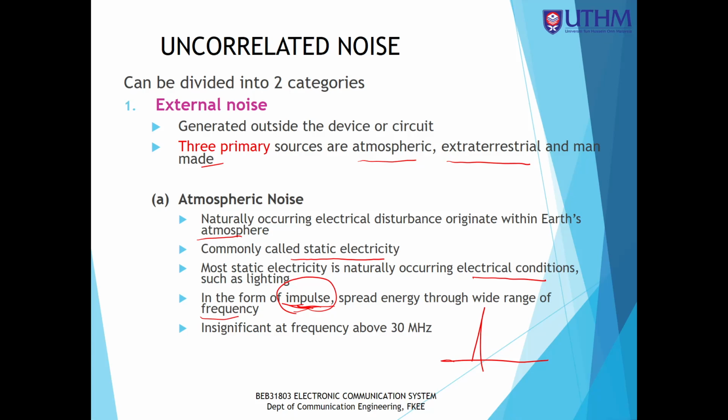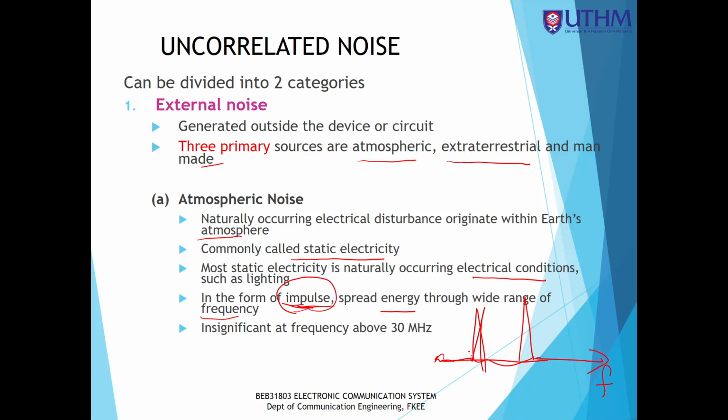Okay, this is what we call an impulse. Okay, so you see that the noise suddenly spikes like this. So this is an impulse. Spread energy through a wide range of frequencies. So if you have a wide range of frequencies, regardless of any frequencies, it will have this kind of noise.